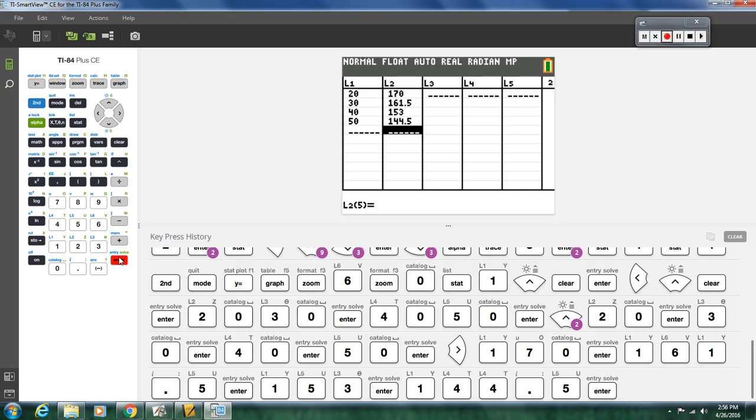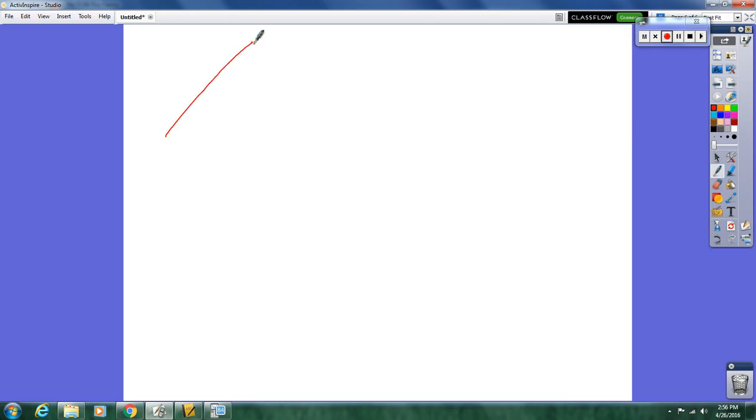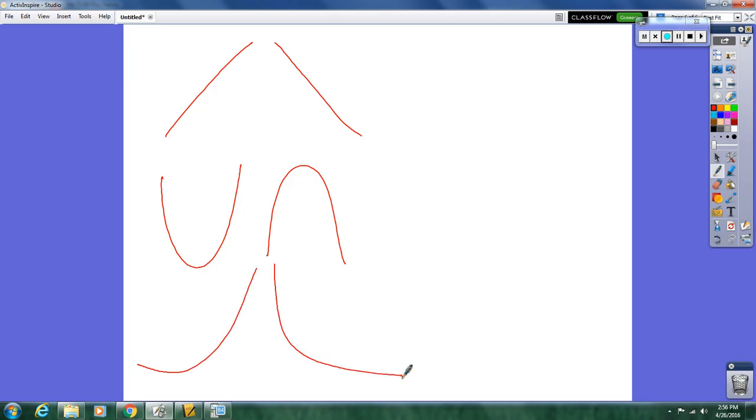Now, think about this. Linear, exponential, and quadratic. So linear, whether it goes that way or that way, is linear. And exponential can increase or it can decrease. All right, now let's logically think about this. Let's start down here. The older you get, does your heart rate climb exponentially?